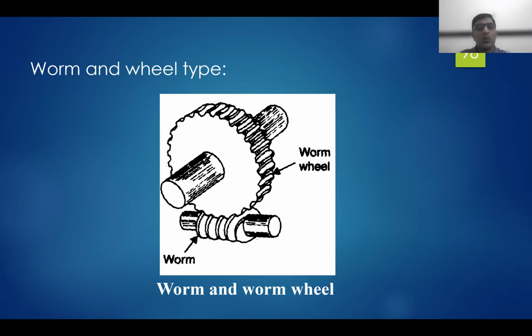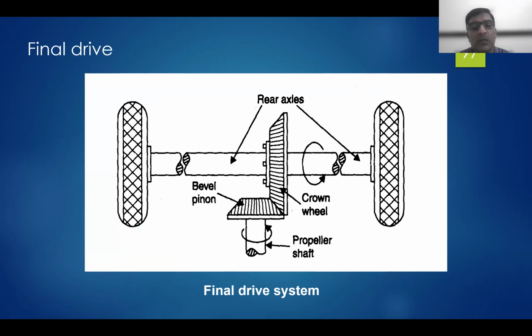This is again the worm and worm wheel type, another type of final drive. This worm is mounted on the propeller shaft, and with the help of the worm wheel we can divert the power at 90 degree. What will be the advantage with respect to the previous one?